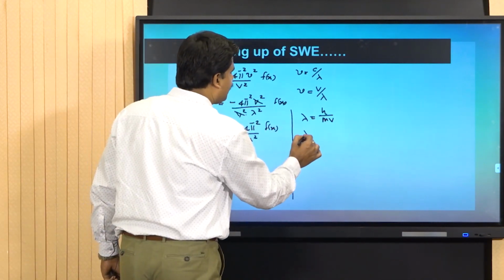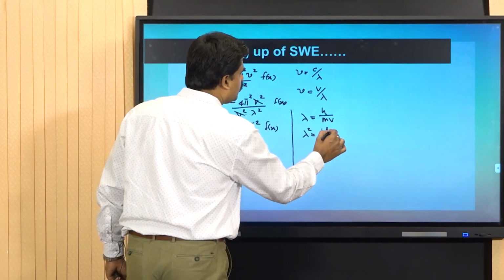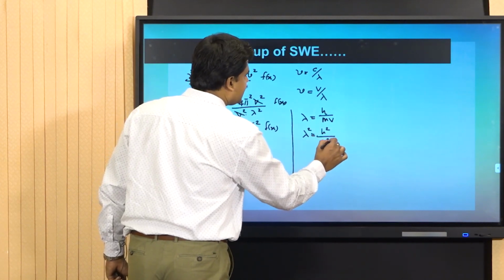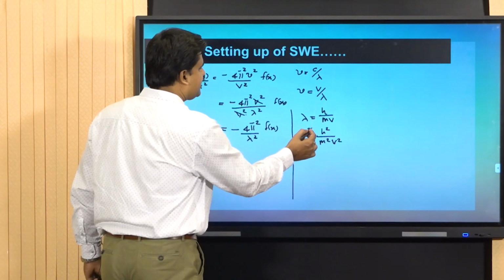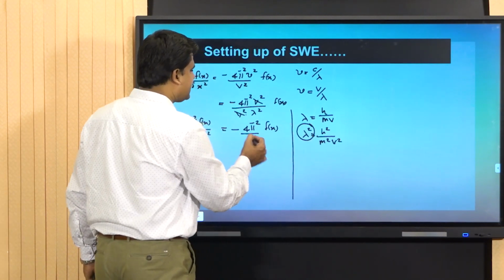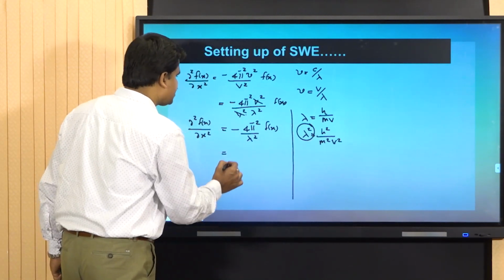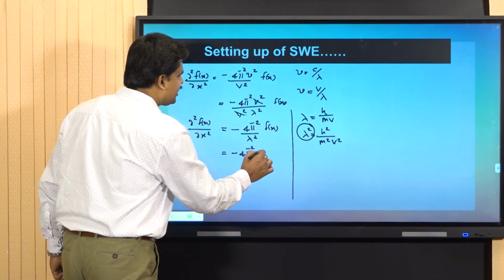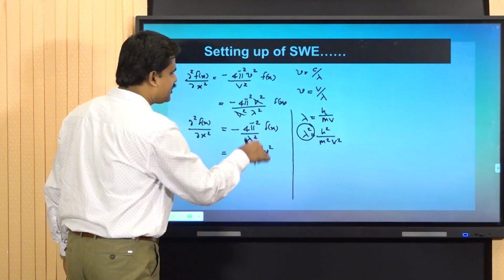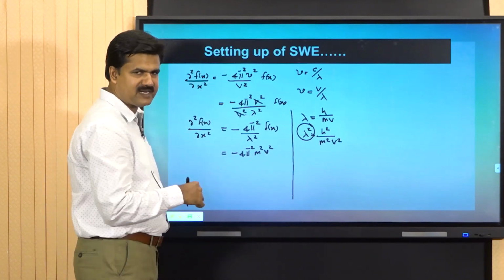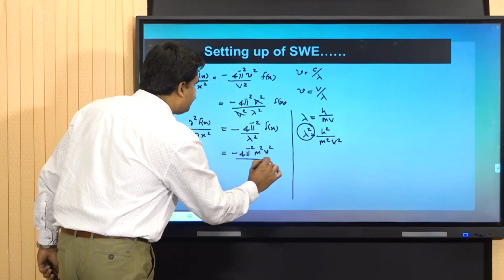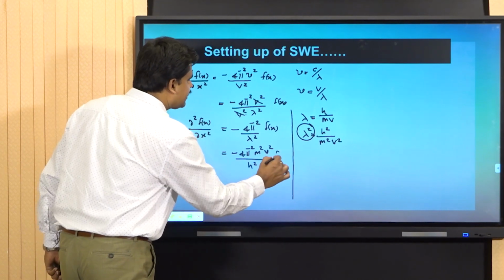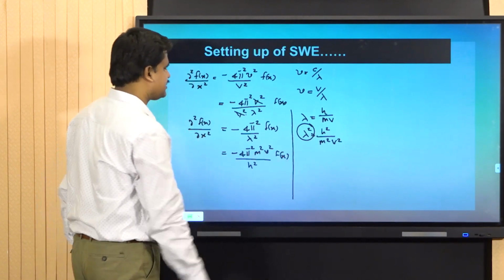Therefore, λ² equals h² by m²v². We can substitute this λ² here to get the relation minus 4π² m²v², that appeared in the denominator, now came in the numerator, divided by h² into f(x).